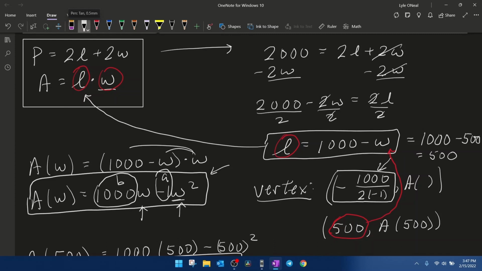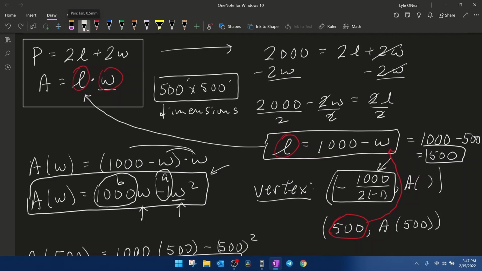Look at that, which also works out to be 500. And so the dimensions would be 500 by 500. And you can put the little tick marks there if you want to designate feet. These are the dimensions that will yield the maximum area. And that's going to do it for this particular example.